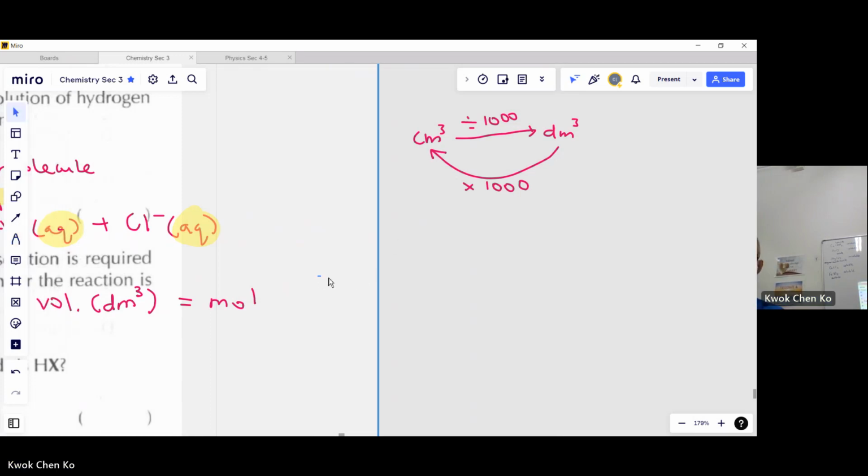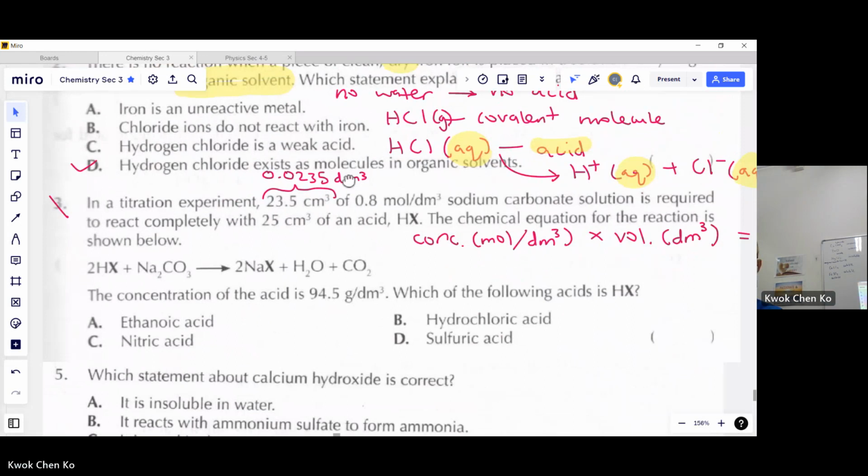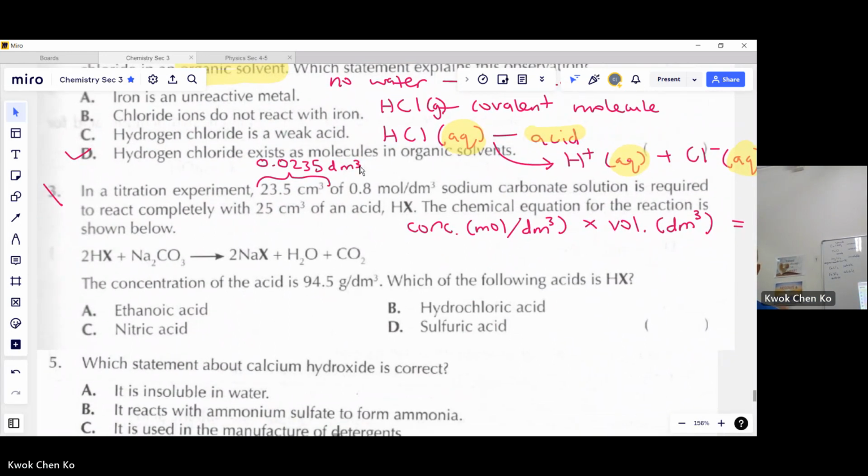So next, let's go back here. What next? You have concentration. You have volume. So what should you do? You multiply them together and you get your moles. Moles equals C times V, concentration times volume.